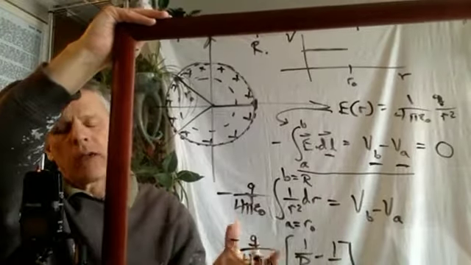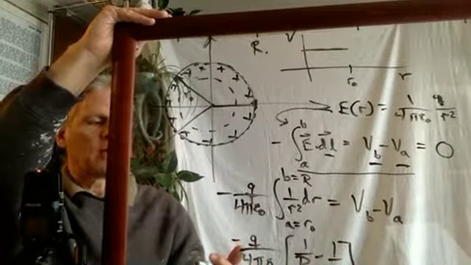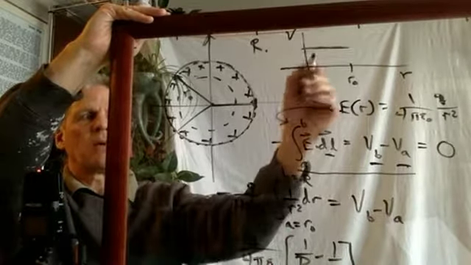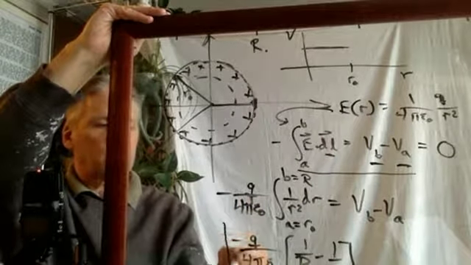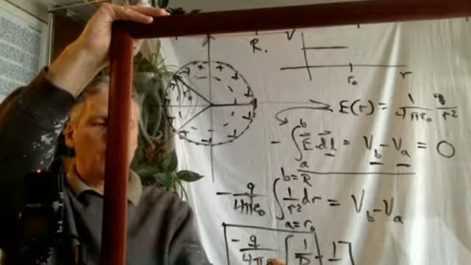All right, now here's what we usually do, and this is indeed what the book does. It says we can choose this value to be anything we want. The only thing that matters is the difference. Therefore, let's choose it so that this part right here is equal to 0.